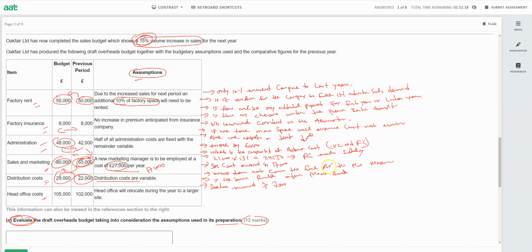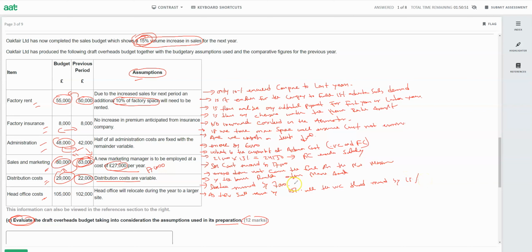And of course, like, we need to say, as the sales increase by 15%, all the variable cost should increase by 15%, because it cannot be increased by more than that.